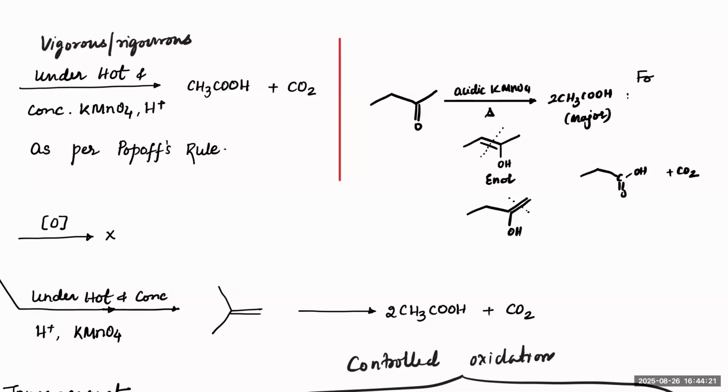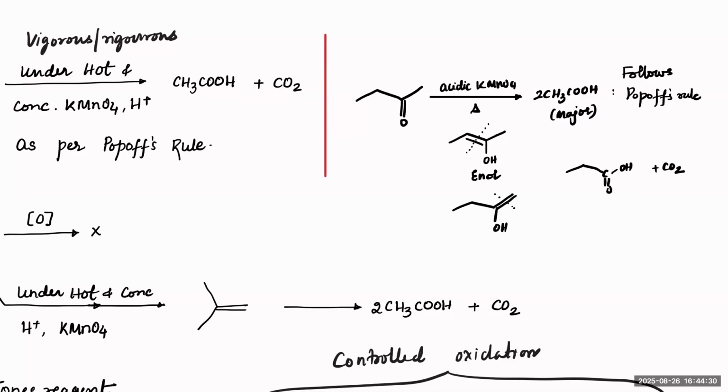So the major product follows Popov's rule. Although in JEE Mains the wording is not directly asked, unfortunately the reaction is asked. So you can understand what the product is there. You need to figure out the major product.